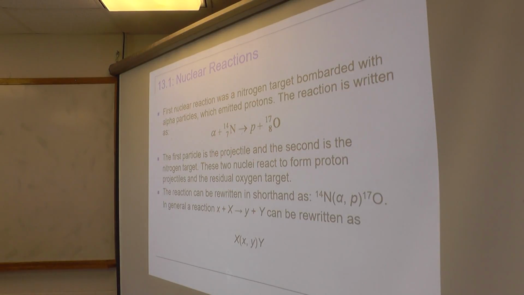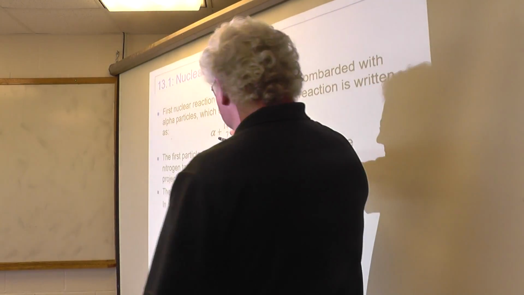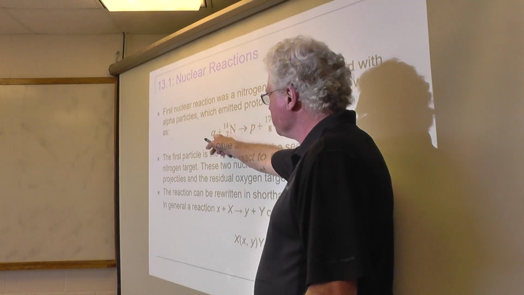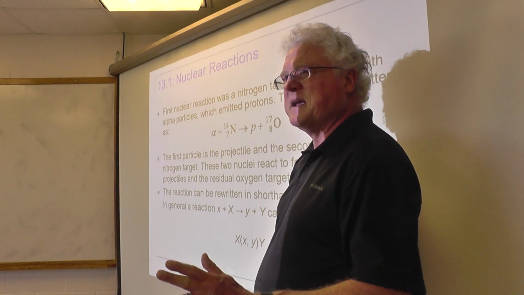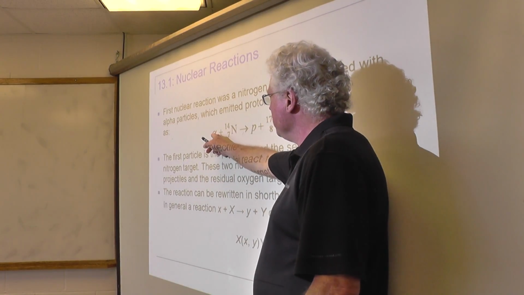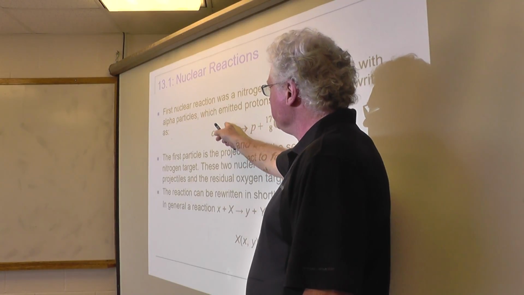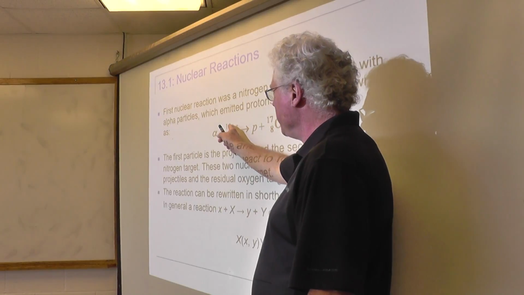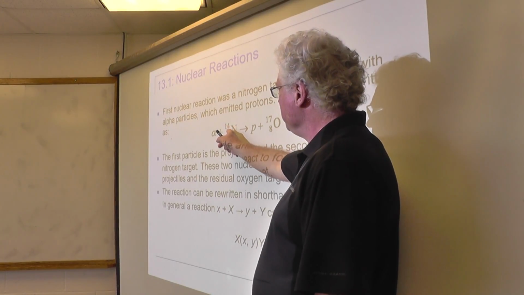So if you look at this reaction right here, how can you tell if those things are conserved? Just remind yourself that this alpha particle is really the same thing as a helium-4 nucleus. So this has 2 protons and 2 neutrons. Now, this is the total atomic mass number, I guess, or is it Z?